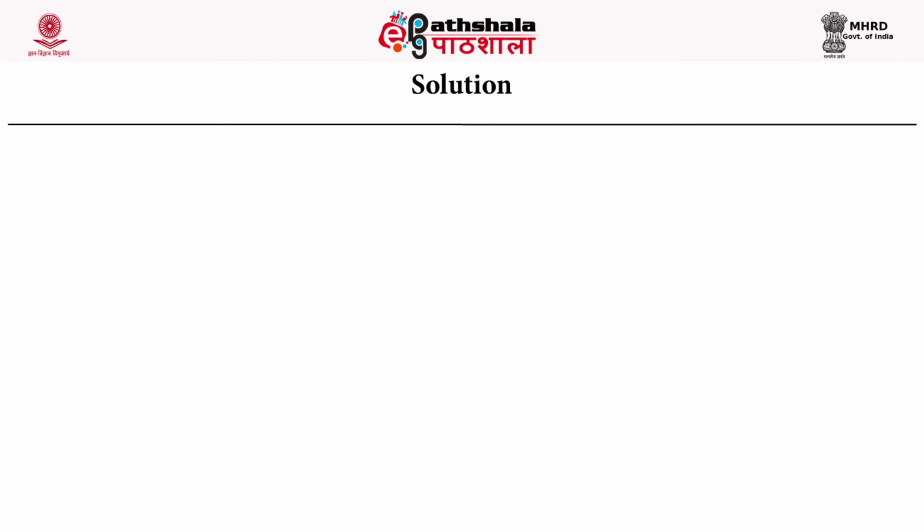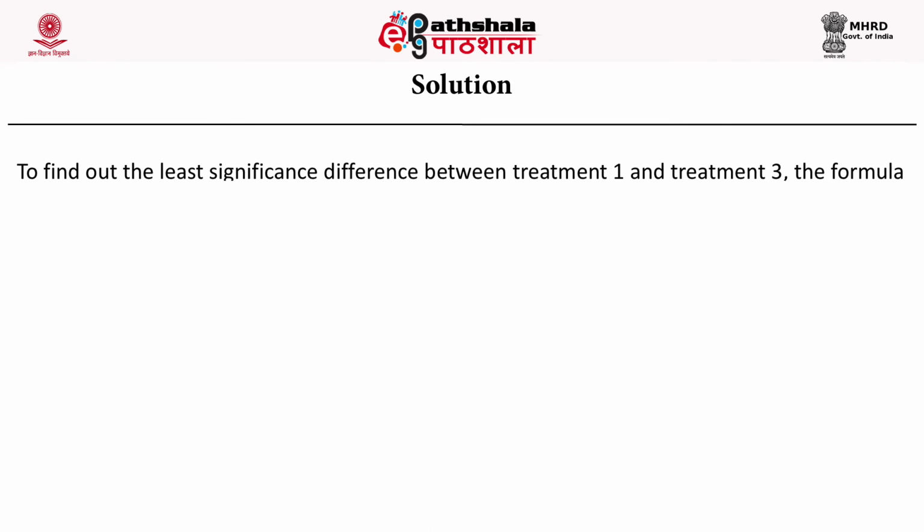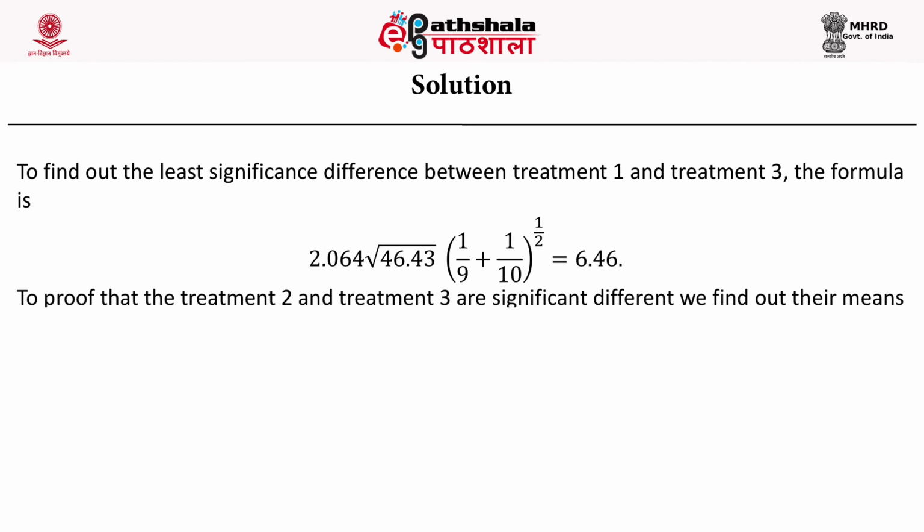To find out the least square difference between treatment 1 and treatment 3, the formula is given here as 2.064 into square root of 46.43 into (1 upon 9 plus 1 upon 10) whole power 1 upon 2, which is equal to 6.46. To prove that treatment 2 and treatment 3 are significantly different, we find out their least significant difference, that is 2.06 into 46.43 into (1 upon 8 plus 1 upon 9) whole power 1 upon 2, which is equal to 6.83.